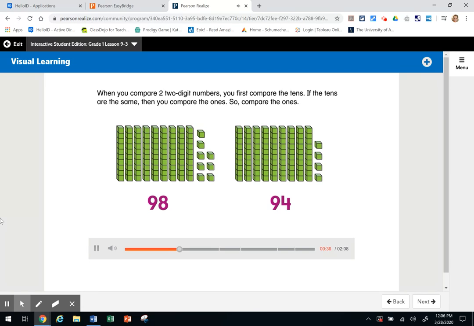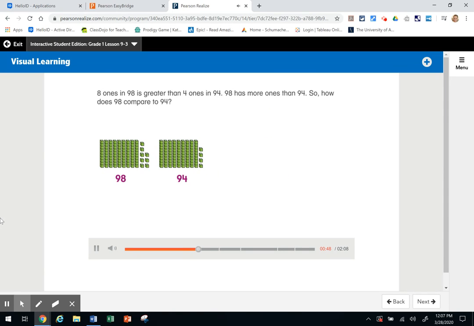When you compare two two-digit numbers, you first compare the tens. If the tens are the same, then you compare the ones. So, compare the ones. 8 ones in 98 is greater than 4 ones in 94. 98 has more ones than 94.